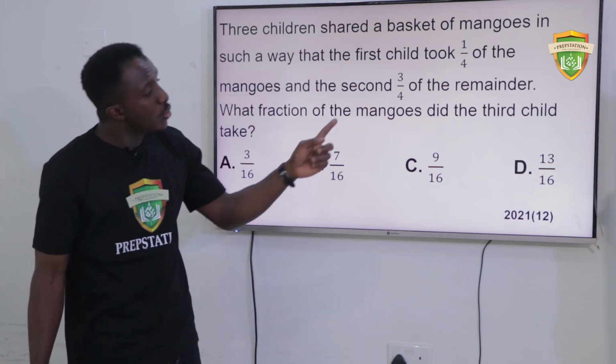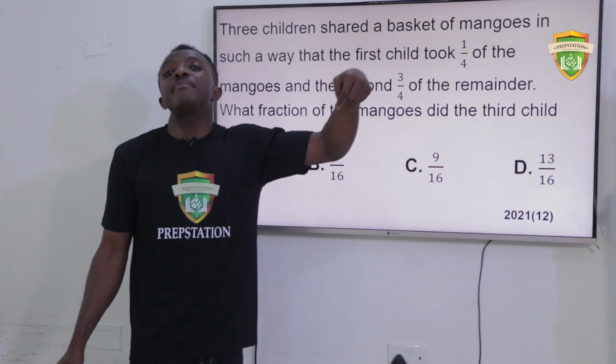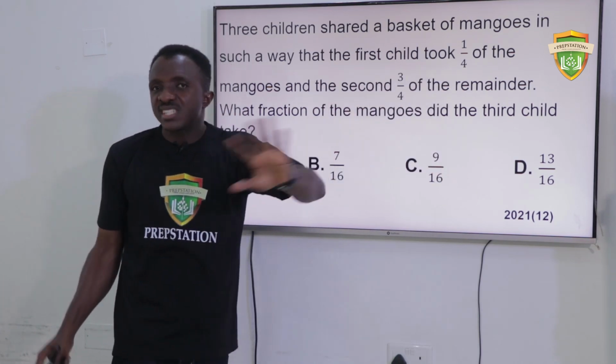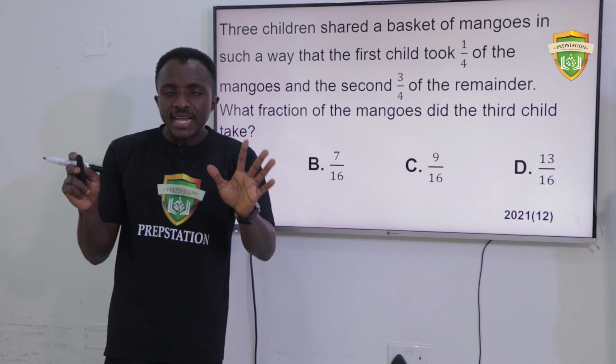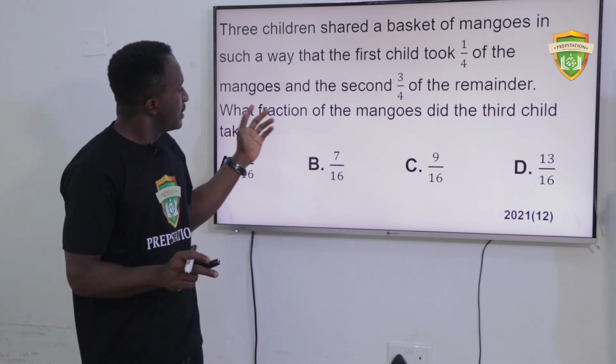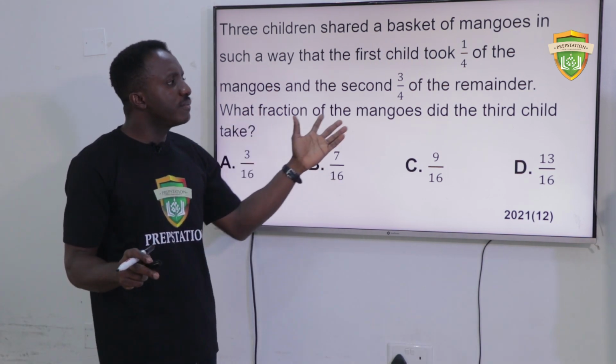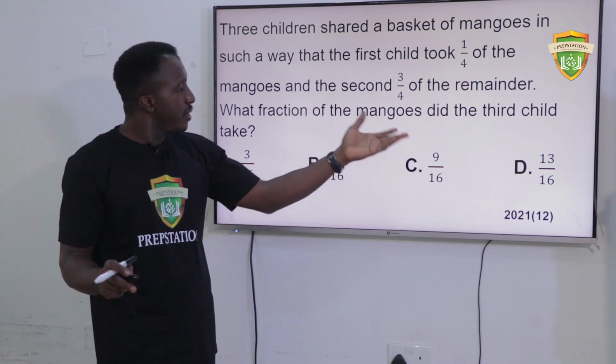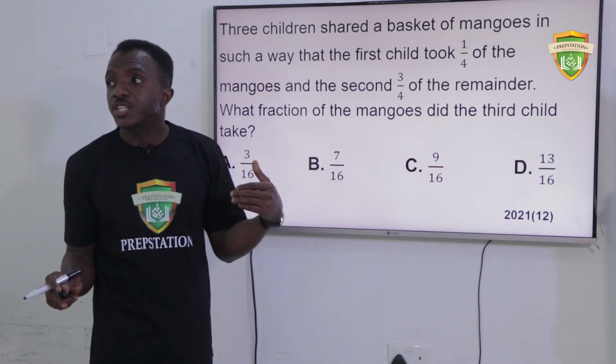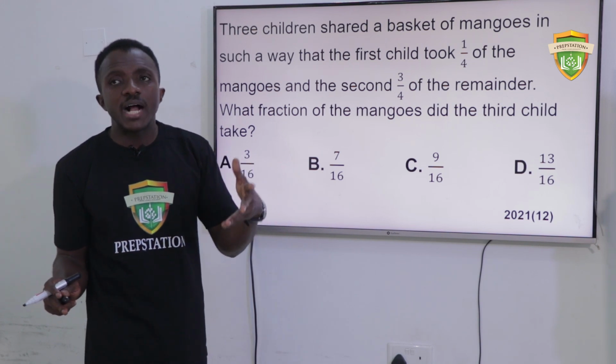But no, he took 3/4 of the remainder. Now this is a word problem question, and I'm going to teach you how to solve that. The question is, what fraction of the mangoes did the third child take?